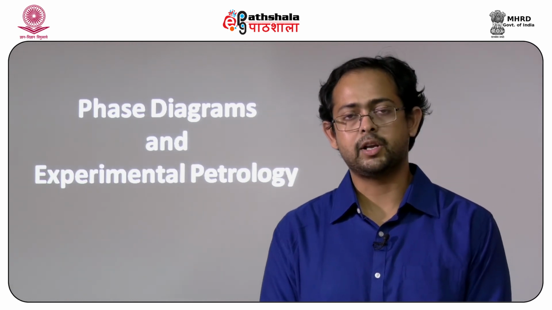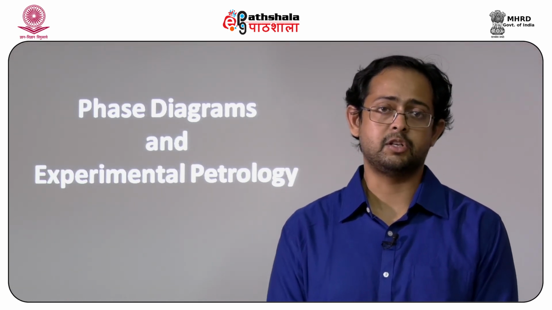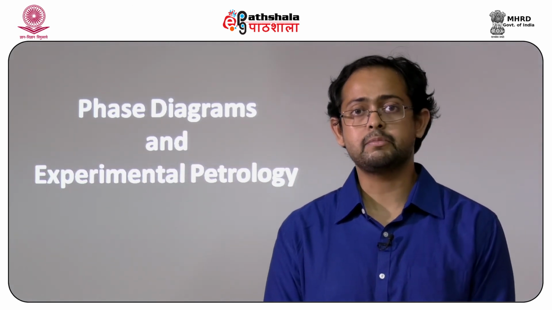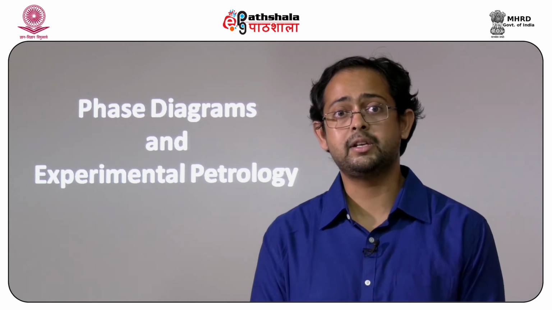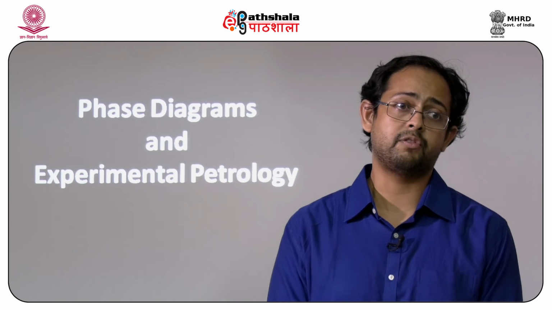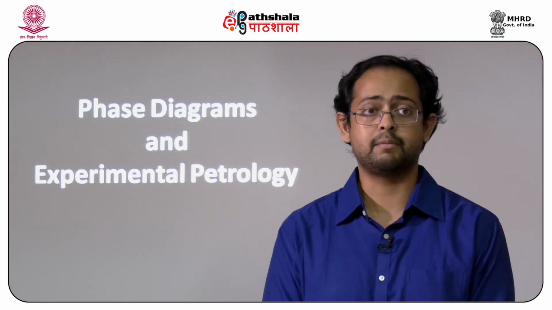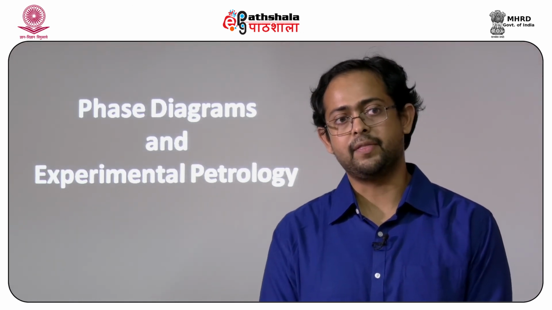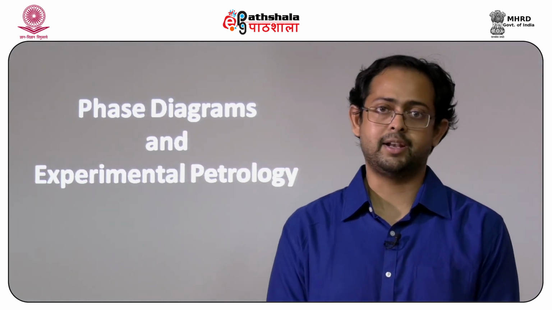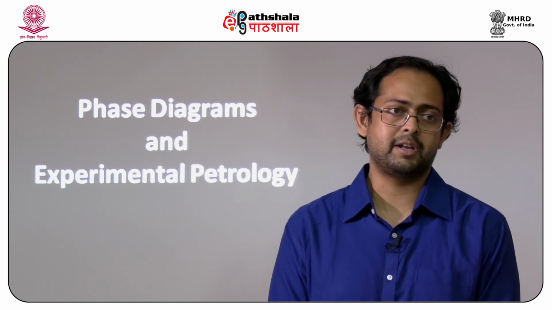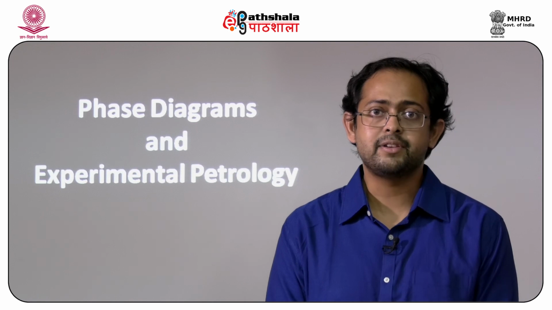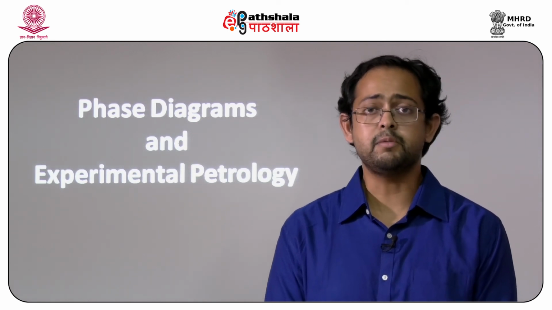Also remember that phase diagrams only tell you about the stability field of the phases. They cannot tell you what sort of phases can be present. Phase diagrams can be very complicated: a single component system, a binary system, a ternary system, even more than that.